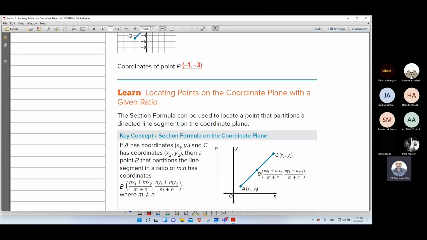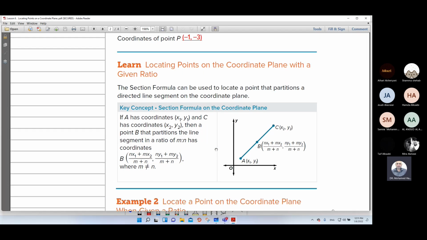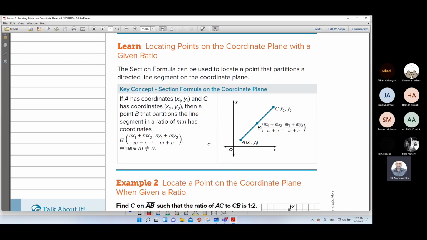The same idea here. Locating a point on the coordinate plane with a given ratio. The section formula can be used to locate a point that partitions a direct line segment on the coordinate plane.